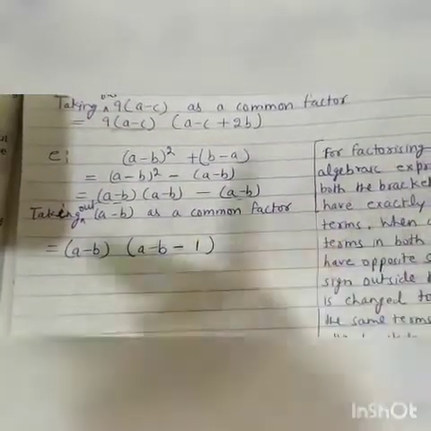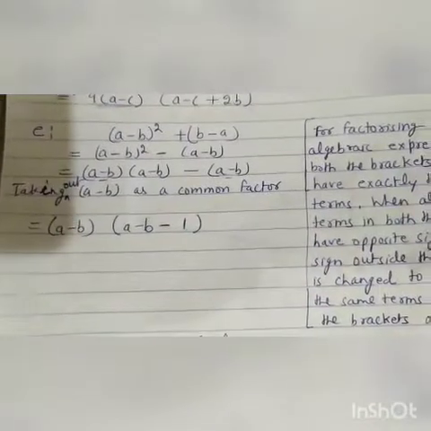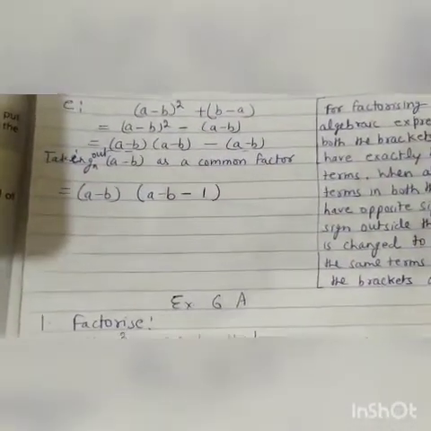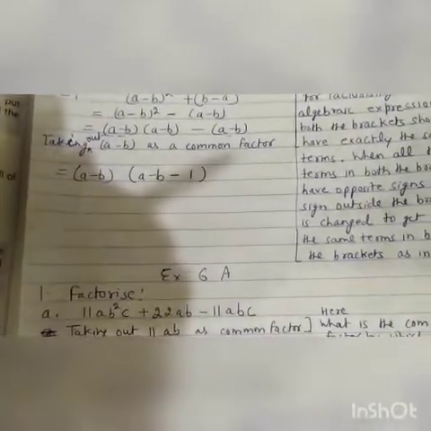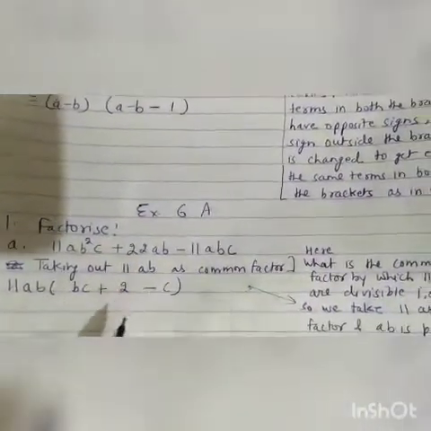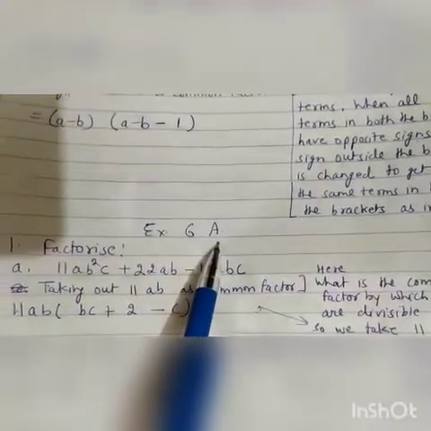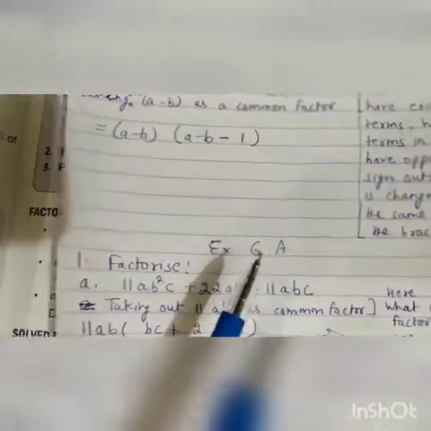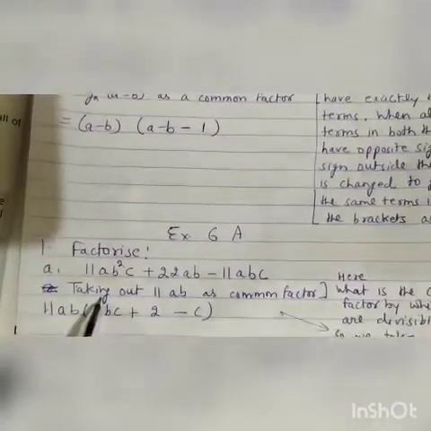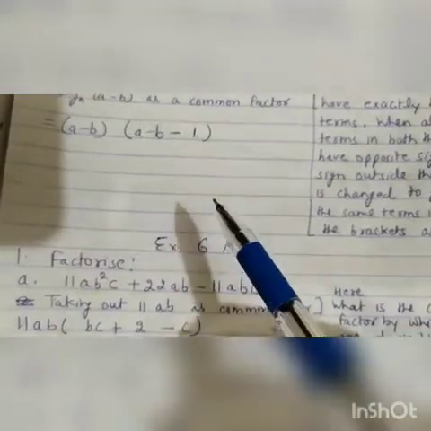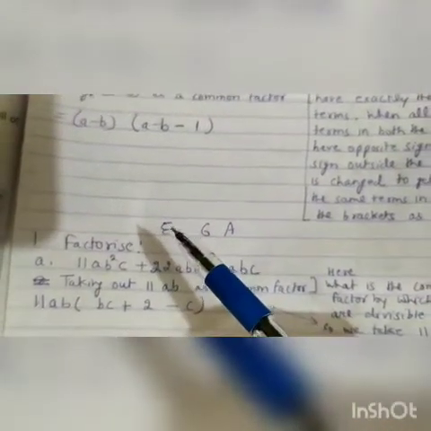So I have explained two examples, not the third. The third example is remaining. I will explain it in the next class. Now I am starting exercise 6A, its first question, because I have explained two methods for factorization.